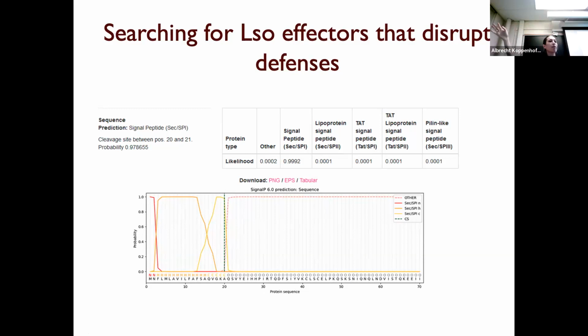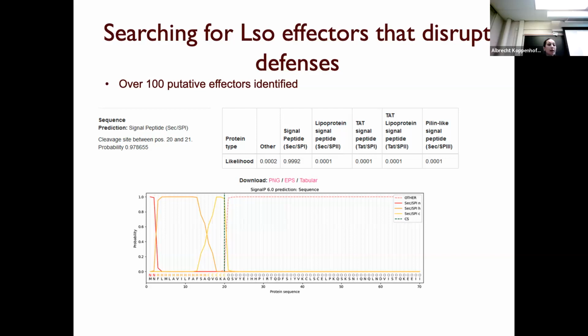So that's a perfect example of an effector. So we took LSO genomes and we looked for potentially secreted proteins, and we have more than 100 putative effectors. Some of them are common to LSOA and LSOB, some are unique, and some are slightly different.